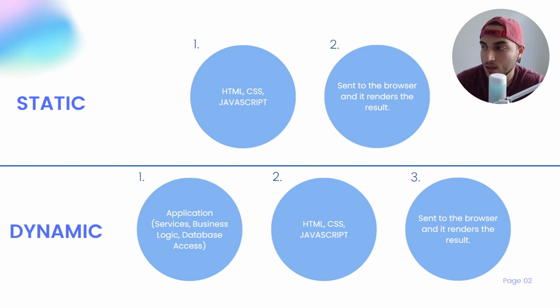All right, the key difference between a static and a dynamic website is where the content is created. For example, in the static approach, when we first fetch the files for a specific website, it is only fetched once, and then there is no other interaction with the server whatsoever.